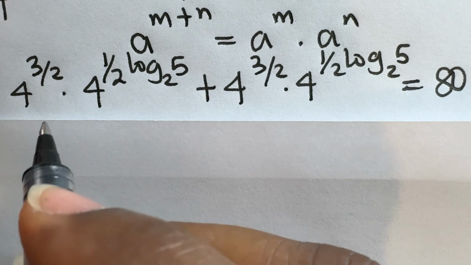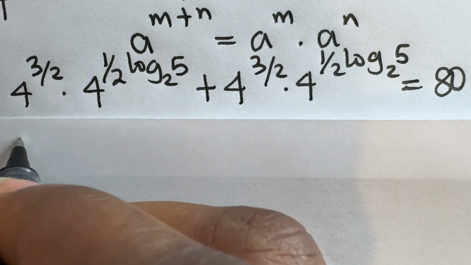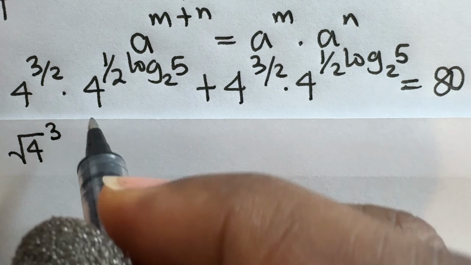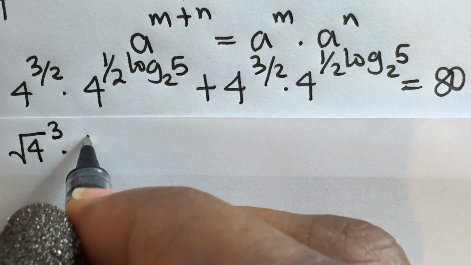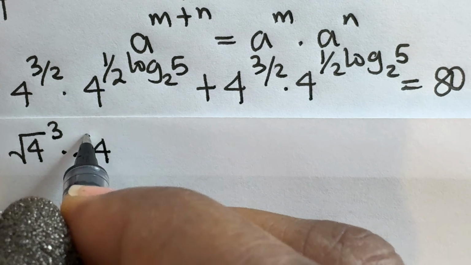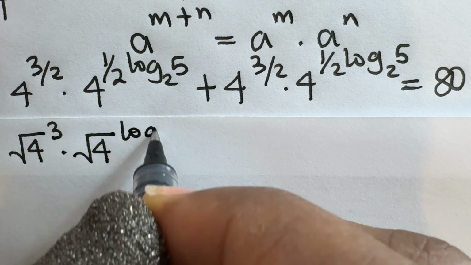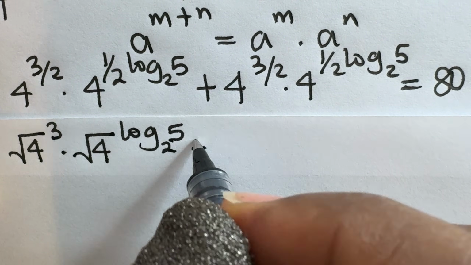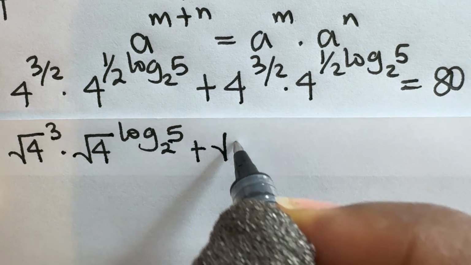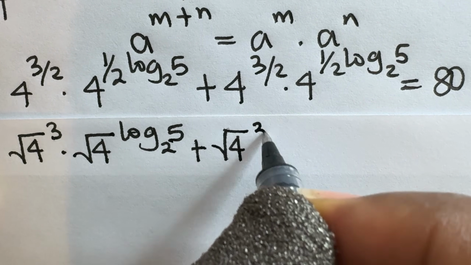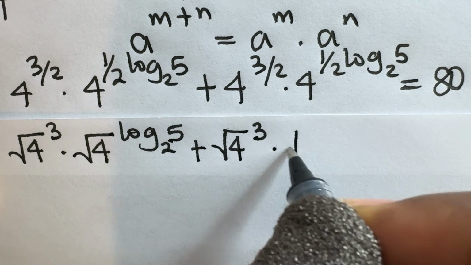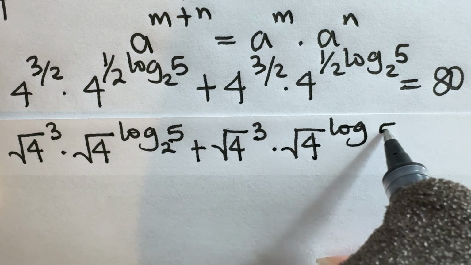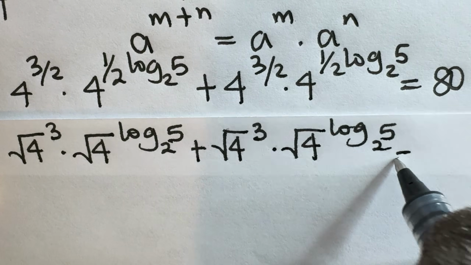Four raised to power 3 over 2 here simply means square root of 4, then raised to power 3, then times here also square root of 4, now raised to power log 5 base 2, then same thing here, plus square root of 4, raised to power 3, times square root of 4, raised to power log 5 base 2 to give us 80.